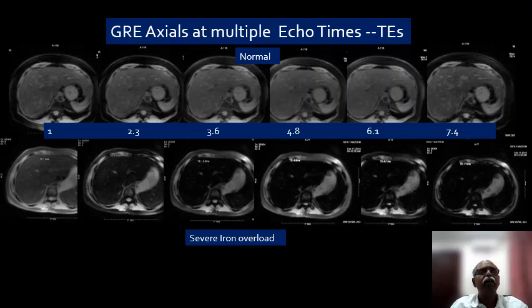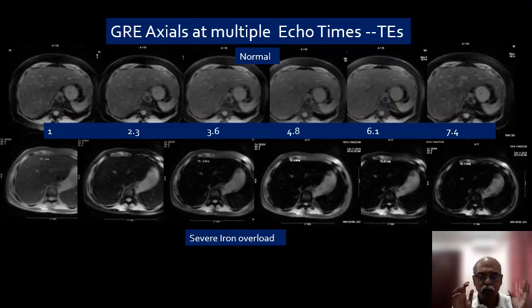You can see here that in a normal individual, from 1 millisecond to 7.4, there is almost no signal drop, literally the same. Whereas when there is severe iron overload status, starting at 1, the signal drops, and suddenly the liver parenchyma signal drops completely. This signal drop is what is used to assess the quantification of iron in the liver parenchyma.